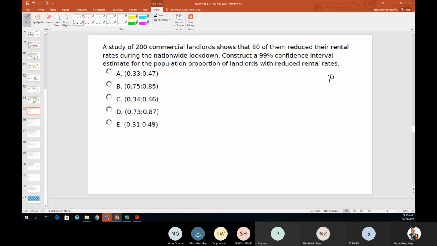So nearly before I even looked at this one, it says to me it's going to be a proportion, because then you are going to work out a z in any case. So let's look at the information. A study of 200. Yes, Precious.